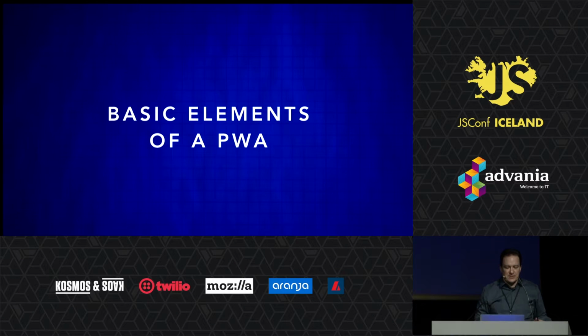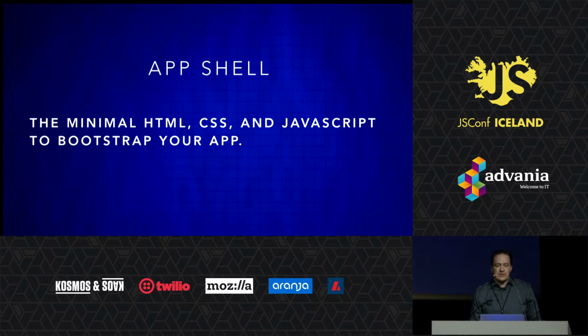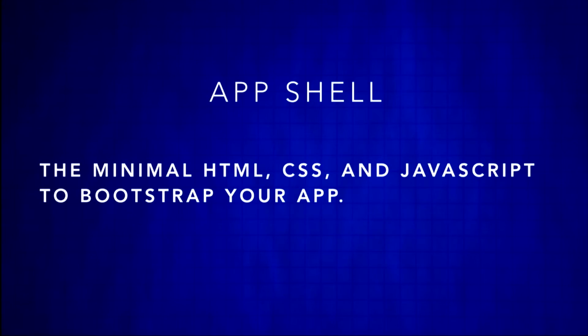At the end of the process, all of this tooling will help you develop the same basic elements of a PWA, which I'll review now. First of all, there's the app shell, which is the minimum viable HTML, CSS, and JavaScript required to bootstrap your app.